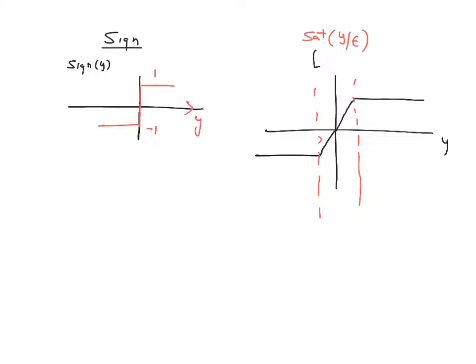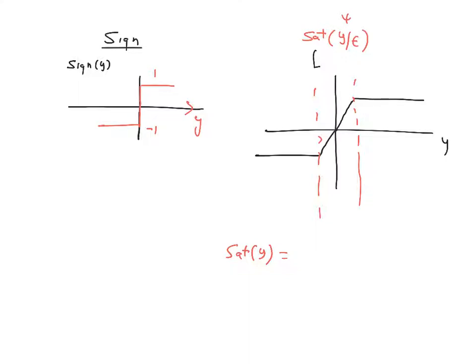So how is it defined? Saturation of y is defined as follows. This is the input; instead of sending y, you're sending y divided by epsilon, to scale it up.